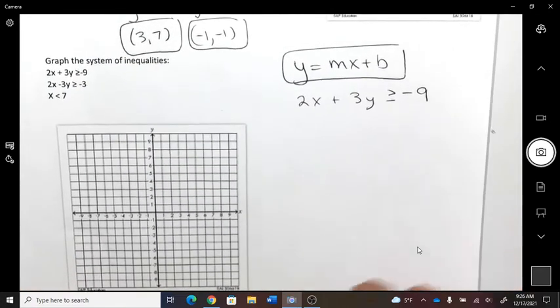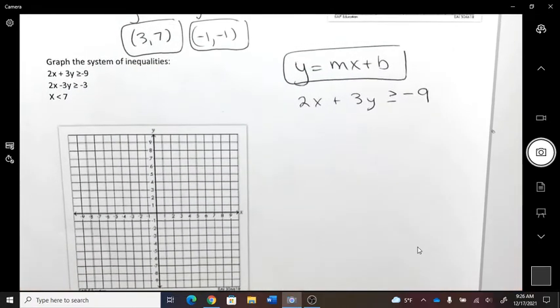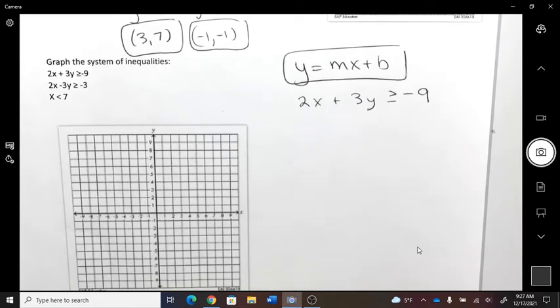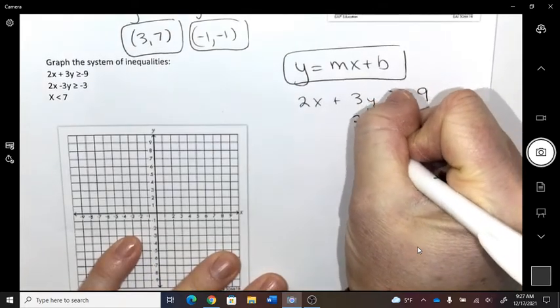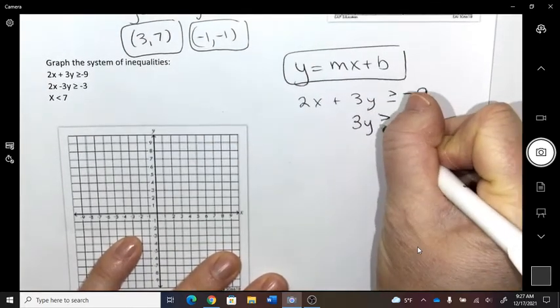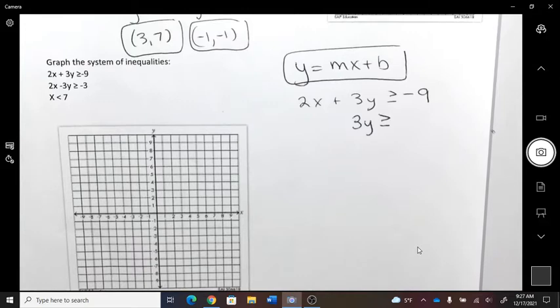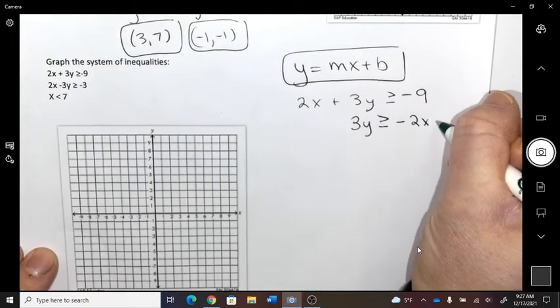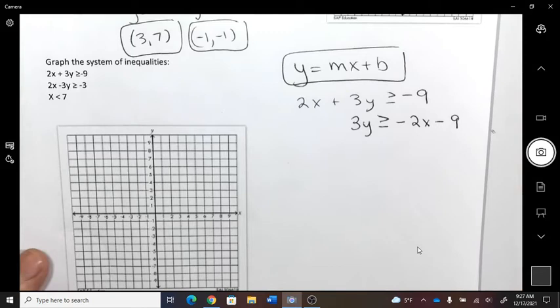Okay, so the first line, that to me doesn't look like y = mx + b. So here's what I'm going to do. I'm going to keep the y. I'm going to move the x, so -2x. And I didn't move the 9 part, so the 9 part doesn't change.